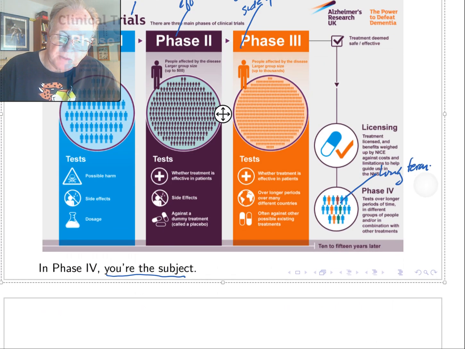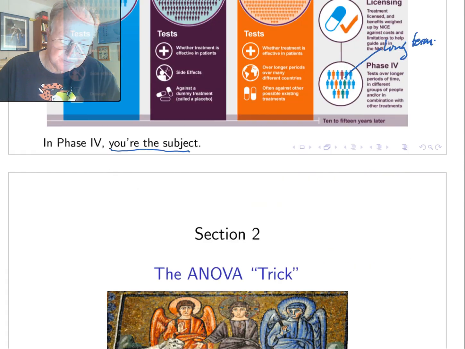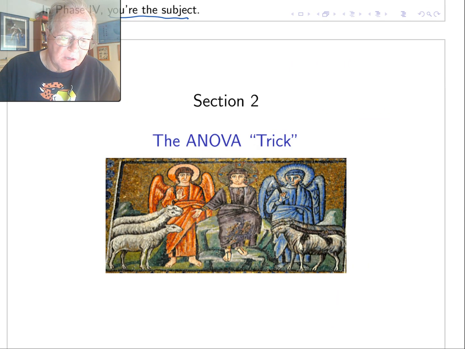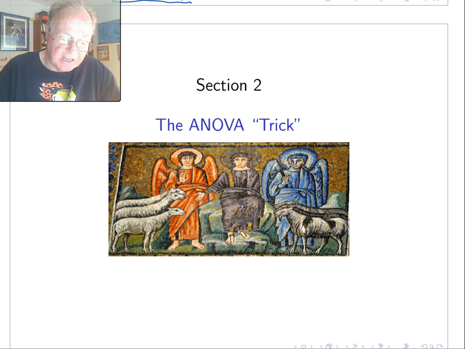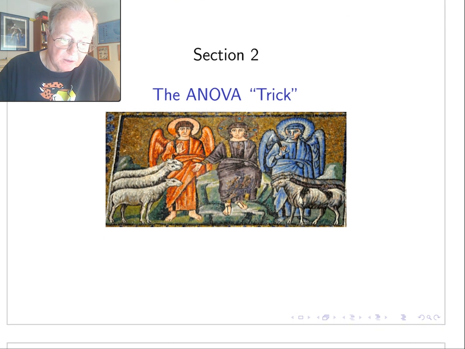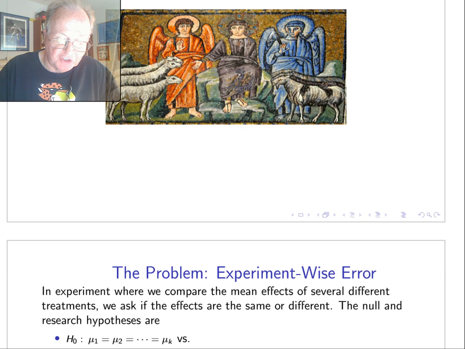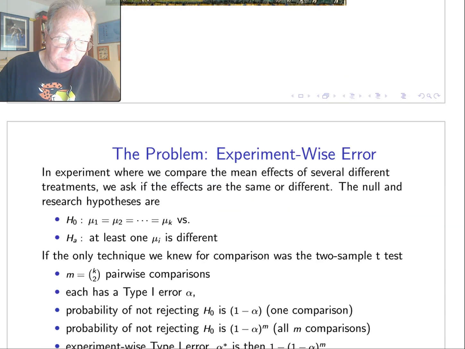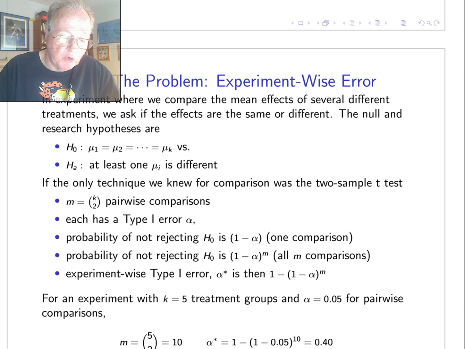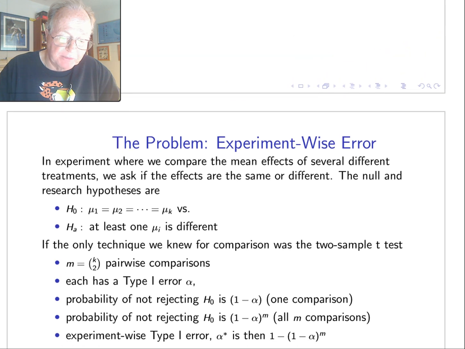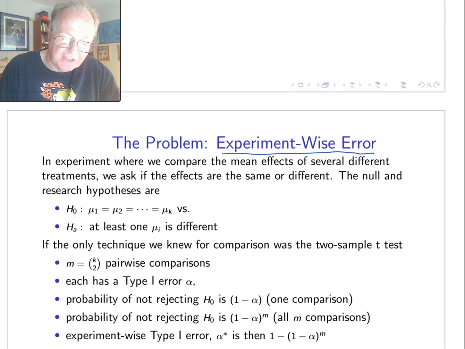Enough about experiments. Now, how do we analyze these guys? Well, we actually have to use kind of a trick. ANOVA is a trick to avoid this problem, experiment-wise error.